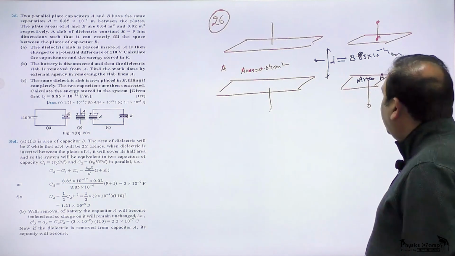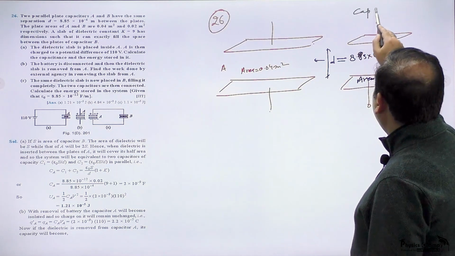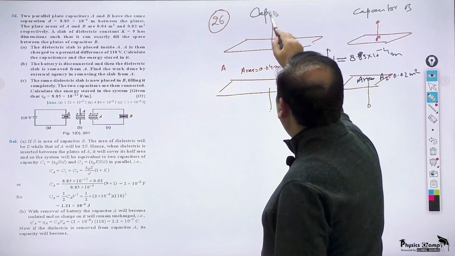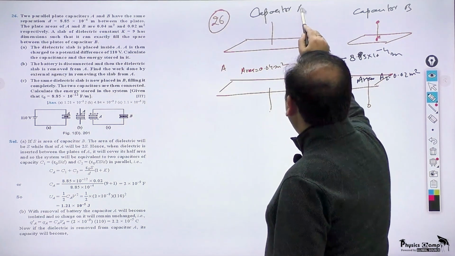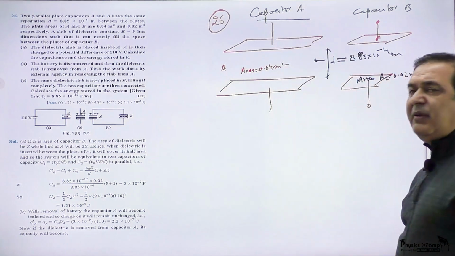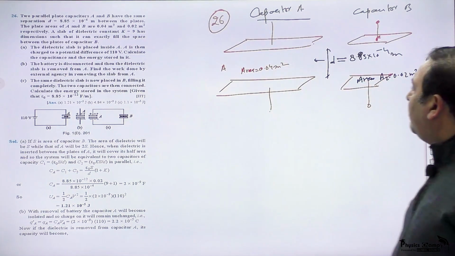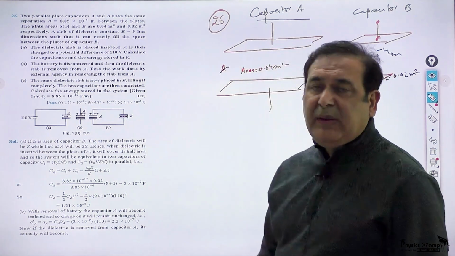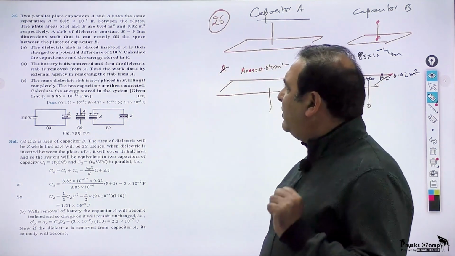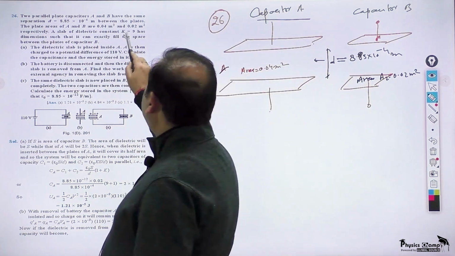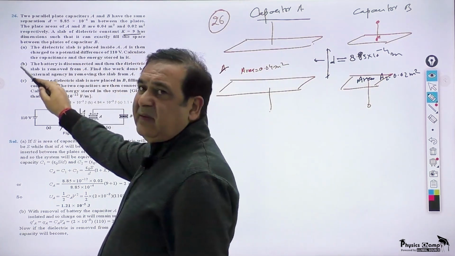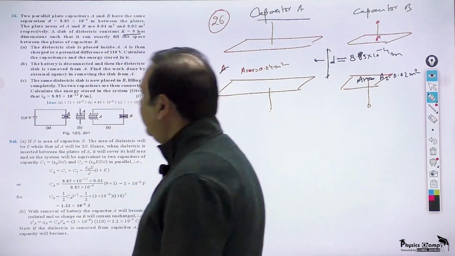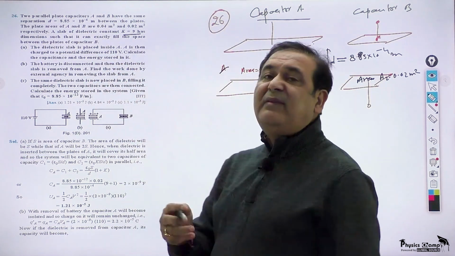So this is capacitor B and this is capacitor A. The two capacitors have the same separation between their plates, but the area of capacitor A is double that of capacitor B. Now the question says, a slab of dielectric constant K equal to 9, which has such dimensions that it can exactly fill the space between the plates of capacitor B, is placed inside A.